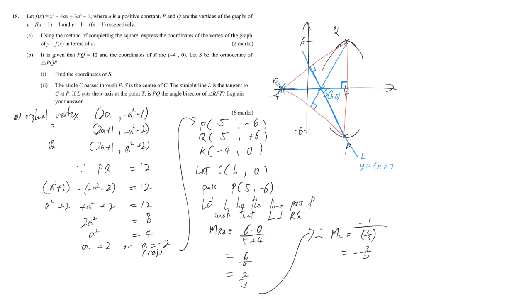It's negative 3 over 2. Then you can write down the equation of L. L is, for any general point (x, y), y minus the y of point P, that means y plus 6 over x minus 5 is equal to negative 3 over 2. We have this equation.